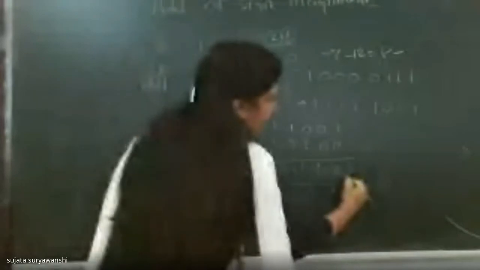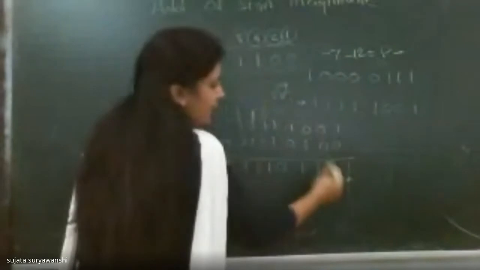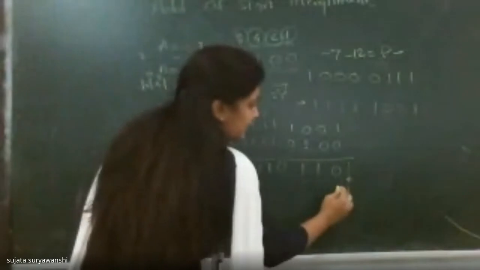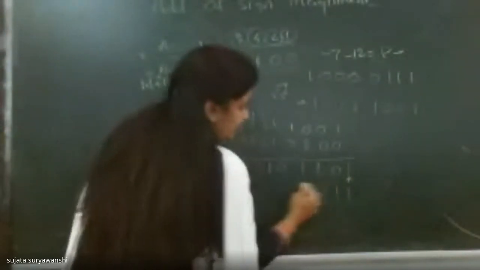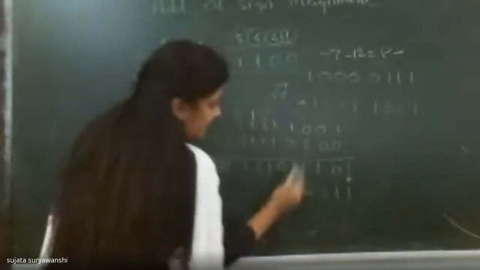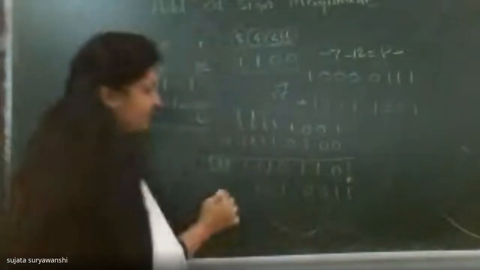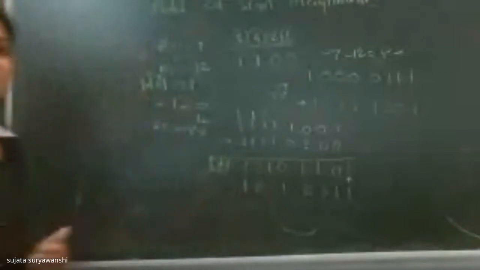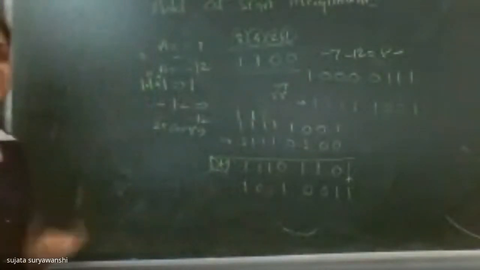Start with the LSB bit. If it is 1, write it down as it is, and alter all the remaining bits except the MSB bit. So 1 becomes 0, 0 becomes 1, again this 0 becomes 1, and the remaining 2 bits are 1, 0. We don't alter the MSB bit as it shows the sign. Okay, now this is your result.